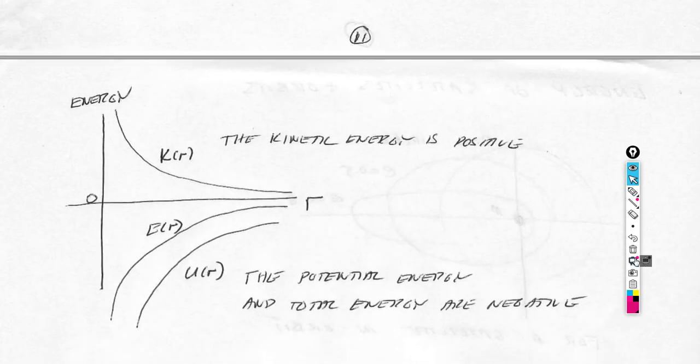Okay, so here's a graph. Let's talk about that. So here is your total energy of the system. We know that's always negative, right? But the kinetic energy is a mirror of that. So let's do kinetic in red because kinetic is motion. So negative, positive, mirror about the x-axis.